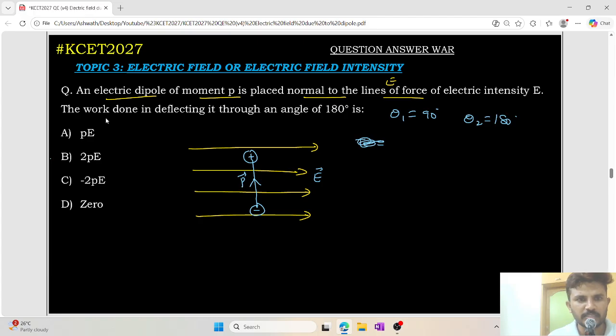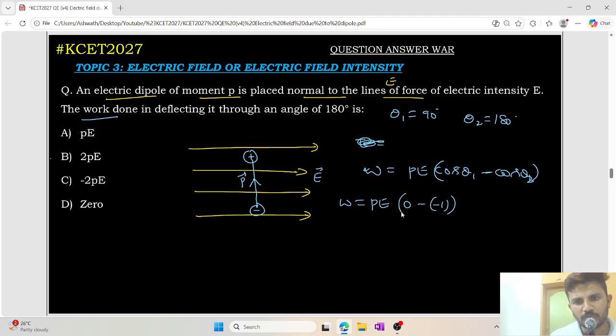So the work done they're asking, not torque. Work done is given by PE into cos theta 1 minus cos theta 2. Correct, no? So work done is equal to PE, cos 90 degree is 0 minus cos 180 degree is minus 1.